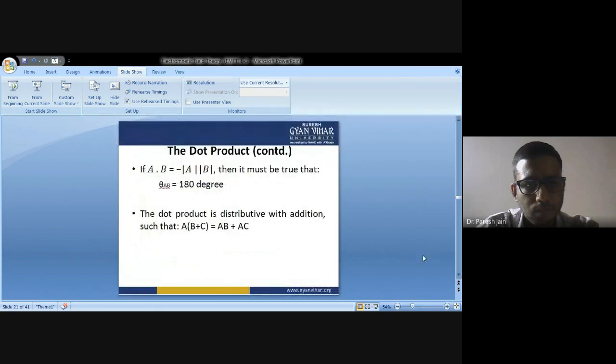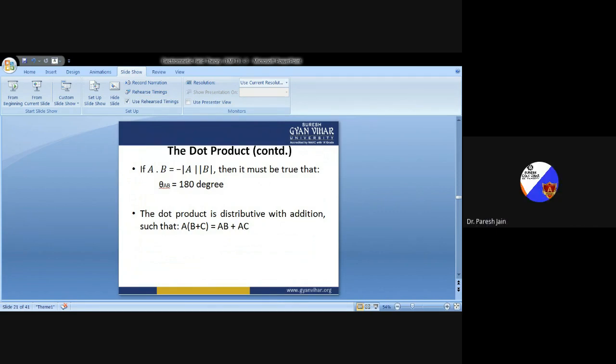If A dot B is equal to minus mod of A mod of B, then it must be true that theta AB is equal to 180 degree, because the dot product of two vector quantities is producing the result with the negative sign. So in this case, the angle will be 180 degree.